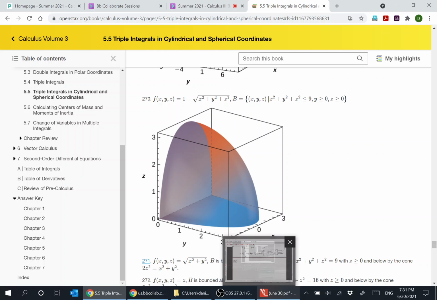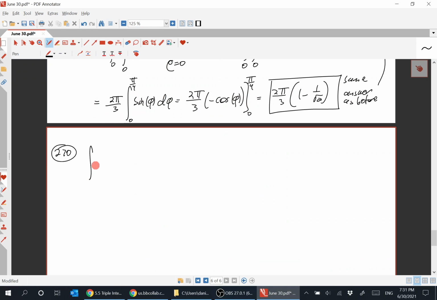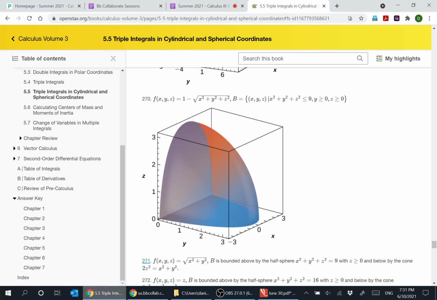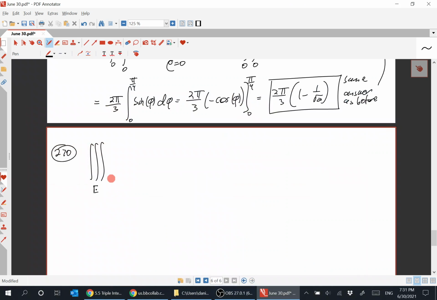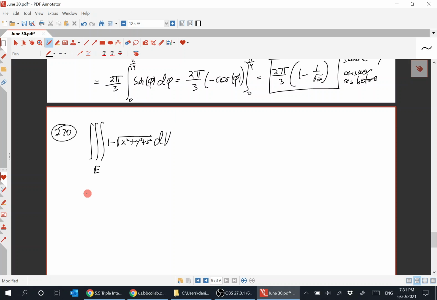Okay, so they've got the triple integral over E of 1 minus the square root of x squared plus y squared plus z squared dV, where E is given by x squared plus y squared plus z squared less than or equal to 9.